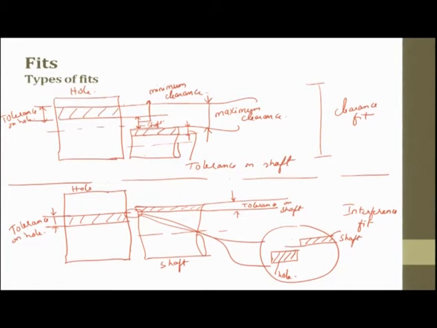So, the distance between these two is called the minimum interference. Clear? So, this is the minimum clearance and this is the minimum interference, and what is the maximum interference is between this and this, whatever it is. So, this will be the maximum interference.